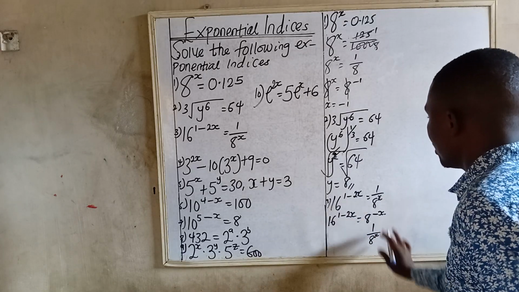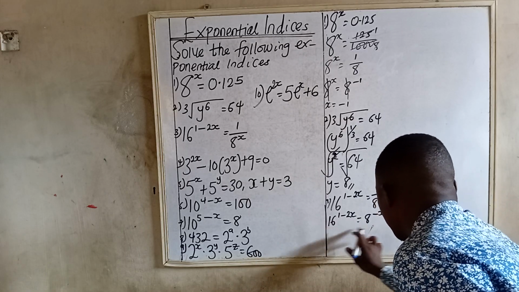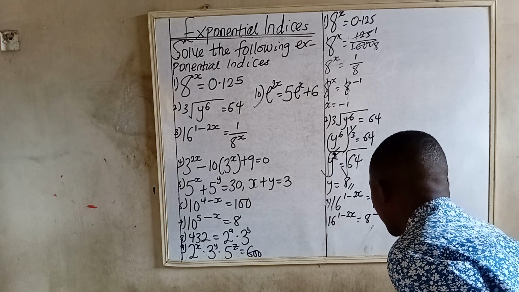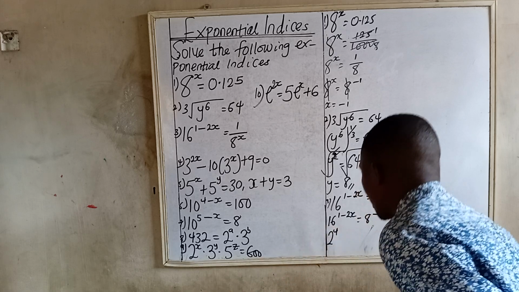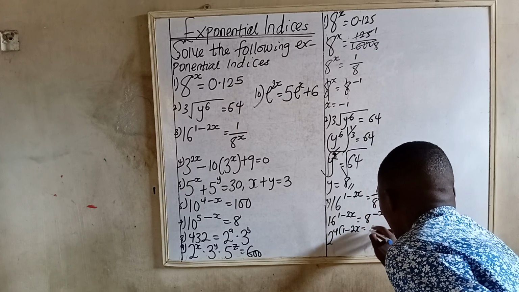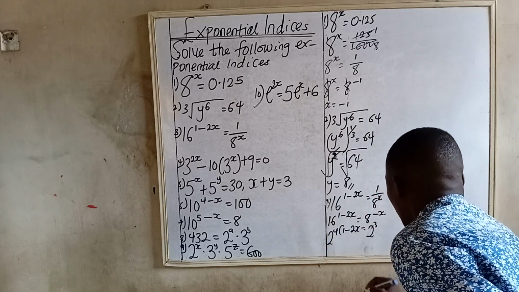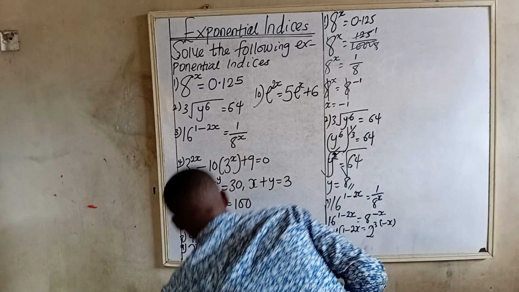We have not changed anything. And we can convert these to the same base. So let's check: 2 raised to the power 4 will give us 16, so we put the power back. And 2 raised to the power 3 will give us 8, so we put the power back. So we can come here.